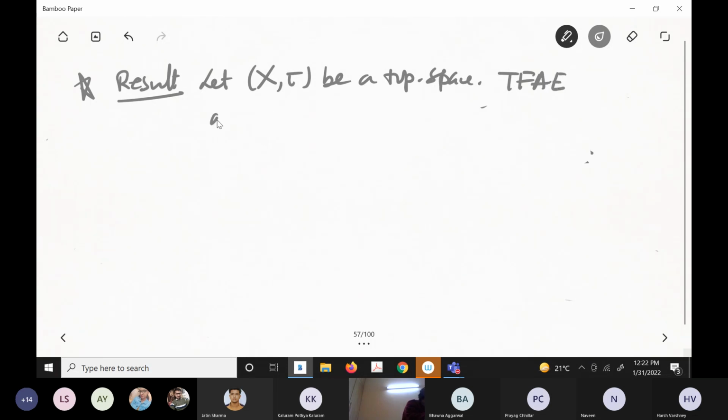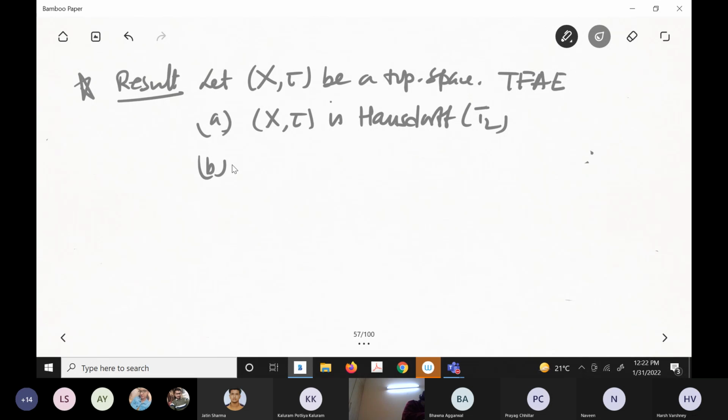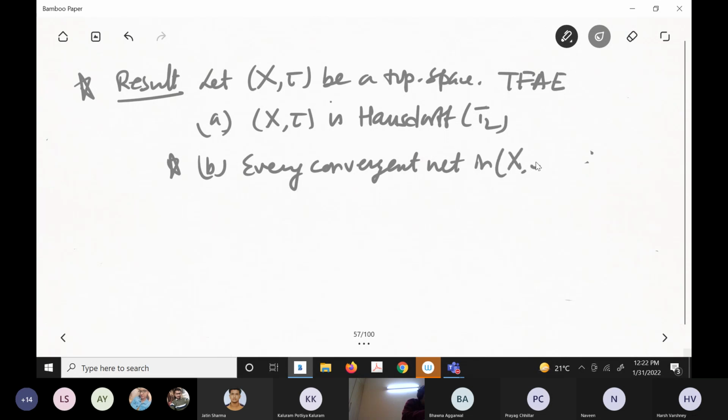A: (X, tau) is Hausdorff, is T2. B: every convergent net in (X, tau) has a unique limit. This we have done.